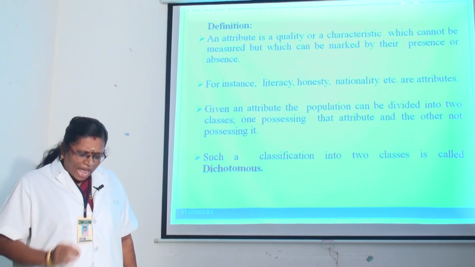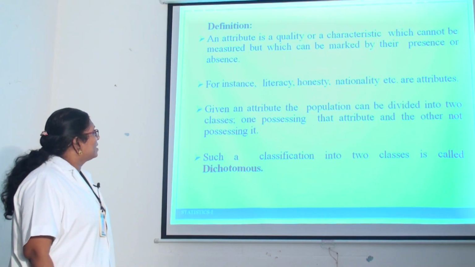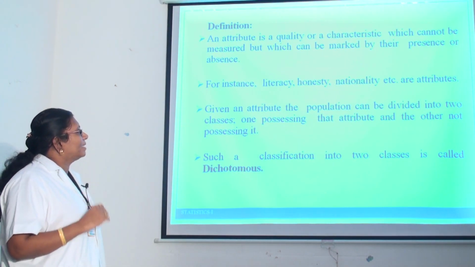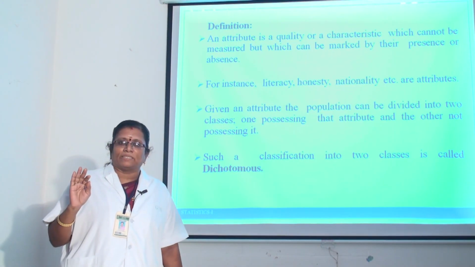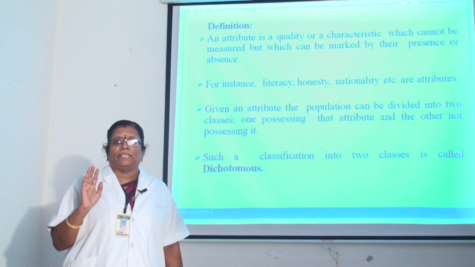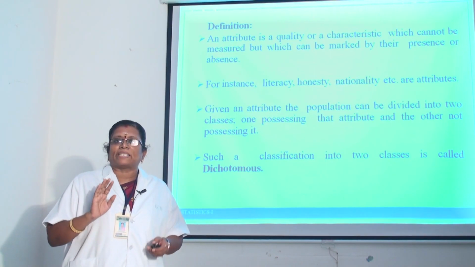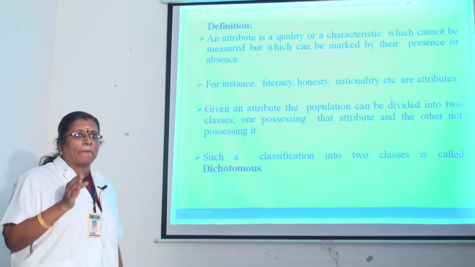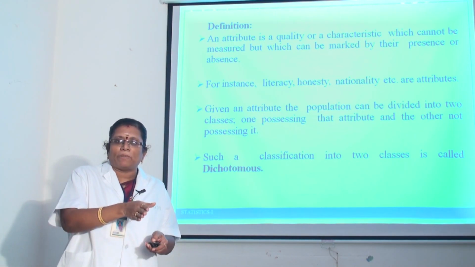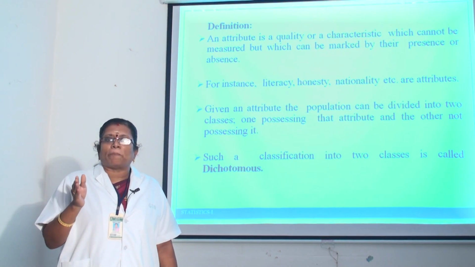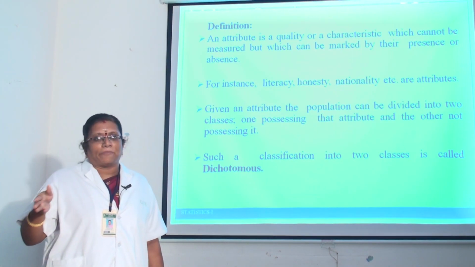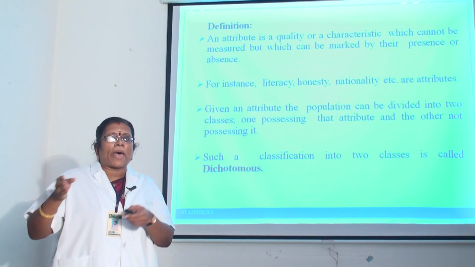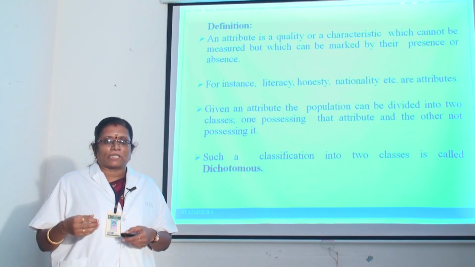The actual definition is: an attribute is a quality or a characteristic which cannot be measured numerically, but which can be marked by its presence or absence. Presence is a positive thing and absence is a negative thing.